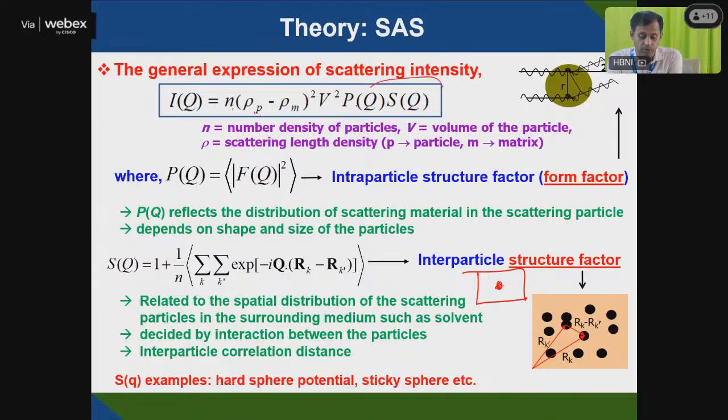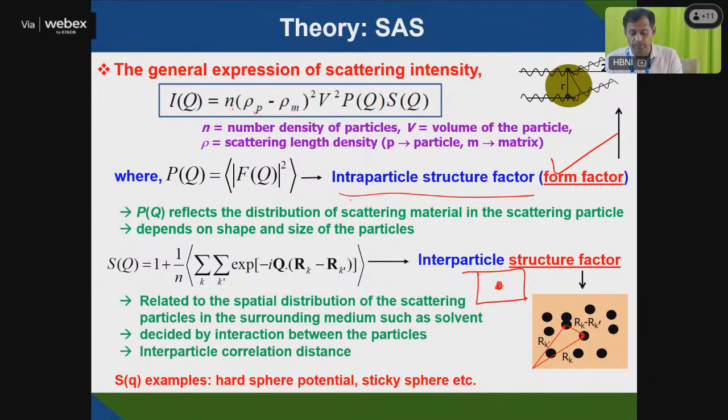And there are two new terminologies coming here, P(Q) and S(Q). P(Q) equals F(Q) squared, the form factor, and S(Q) is the interparticle structure factor. If there are many particles, particle-particle interaction is possible, and within a particle, intraparticle interaction is possible.